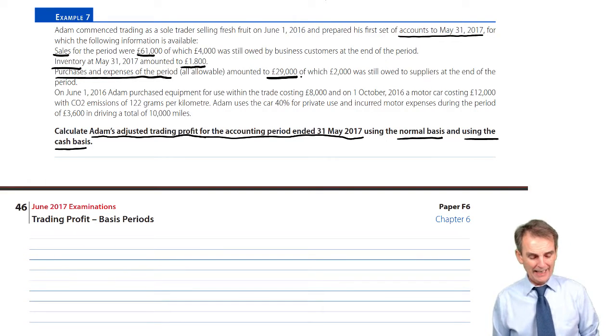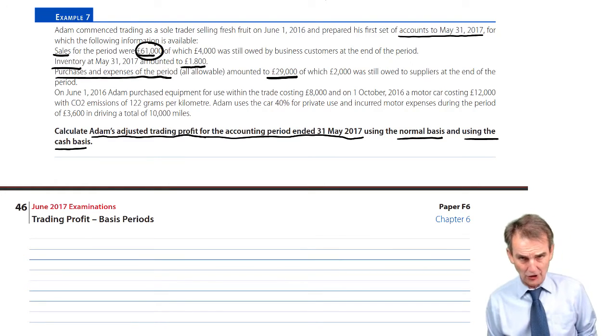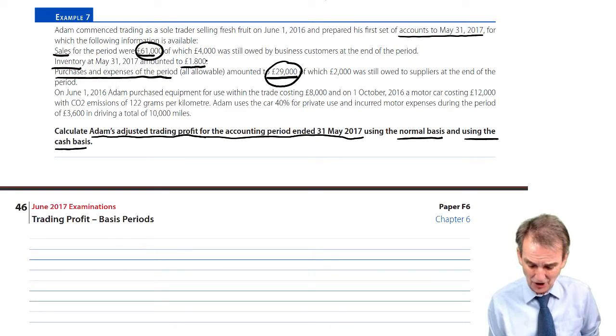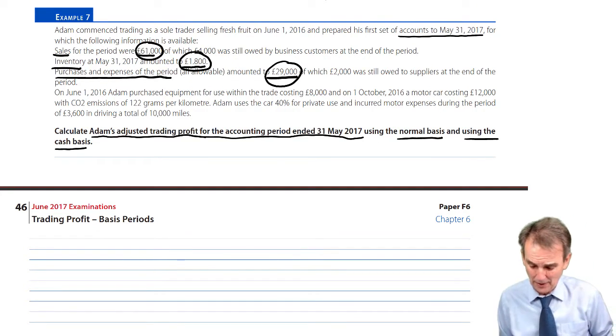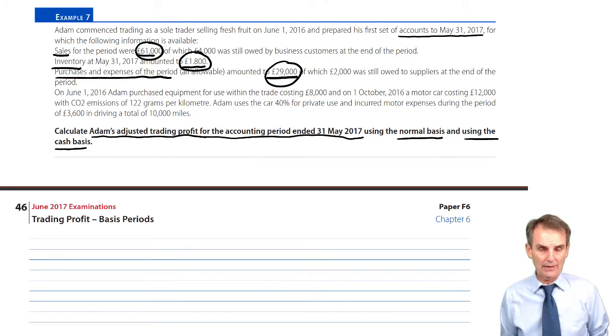So, in working out your gross profit, you have sales of 61,000 and cost of sales that will be the purchases and expenses of 29,000 less your closing stock, which is said to be 1,800. So your cost of sales, 29,000 minus 1,800, presumably therefore 27,200, and we take it away.